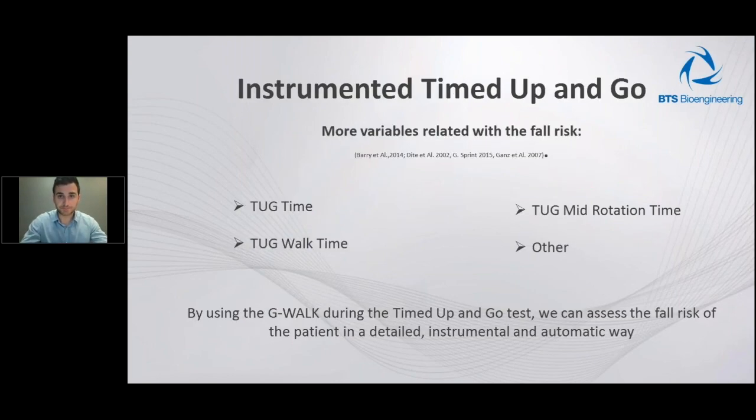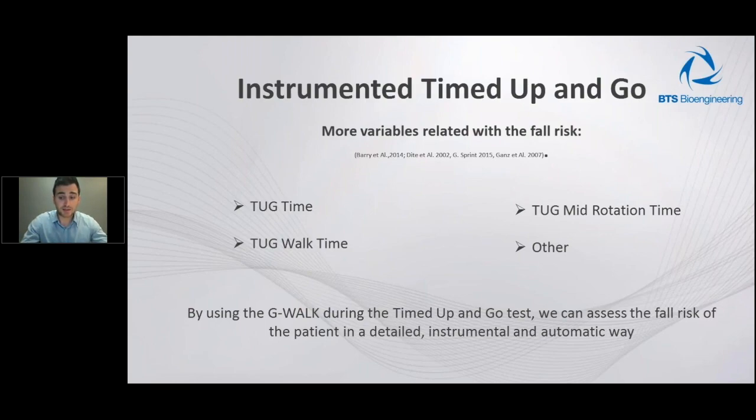For example, many variables that can be obtained using the GWALK are related to the risk of fall, such as the Timed Up and Go walk time, the Timed Up and Go mid rotation time, or other variables. So, by using the GWALK during the Timed Up and Go test, we can assess the patient risk of fall in a detailed, instrumental, and automatic way.